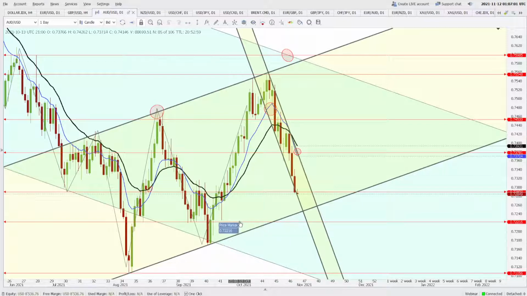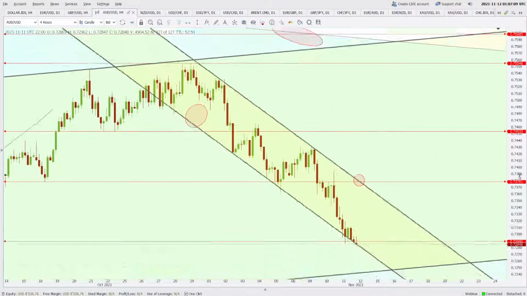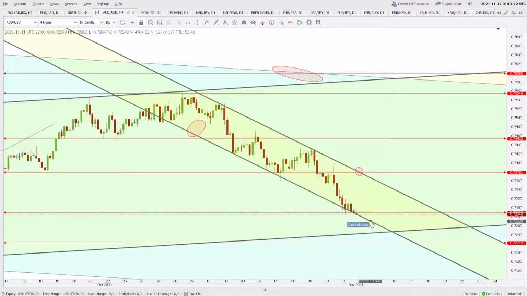In fact, if you see from the horizontal levels, then 0.7221 is already exposed, but because the price is moving in this falling channel, every time the price tests this falling channel's support line, it acts as small support and may not be breaking now. If it breaks, then 0.7221 will definitely be exposed.